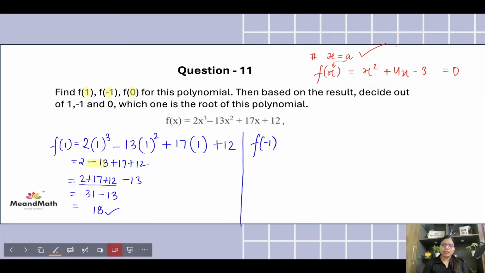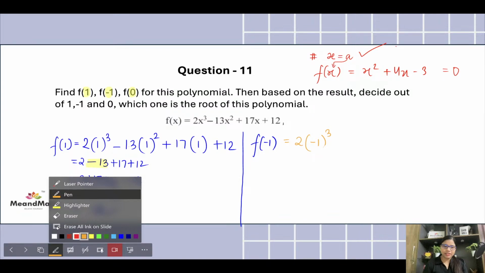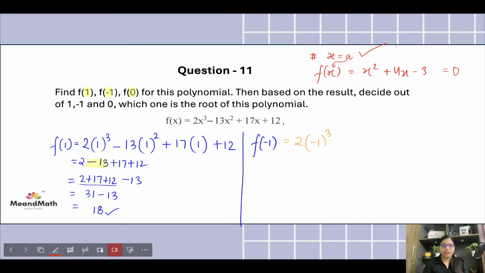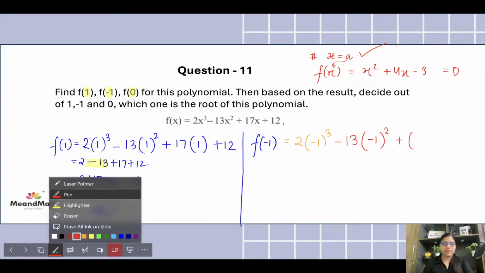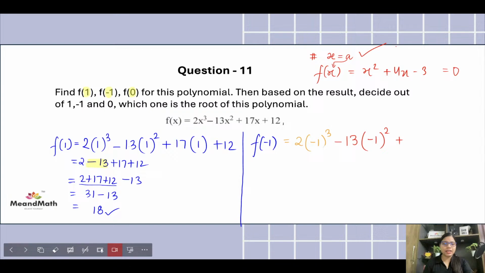So it would look like 2 times (-1) cubed, minus 13 times (-1) squared, plus 17 times (-1), plus 12. Be quick to answer. Okay, let's see what you come up with.